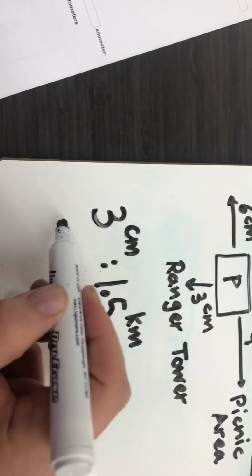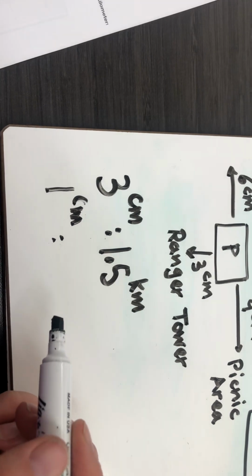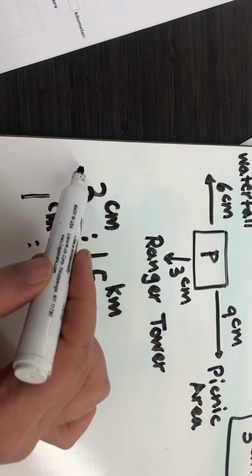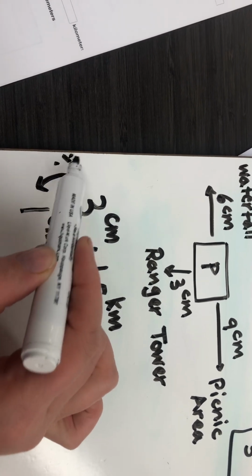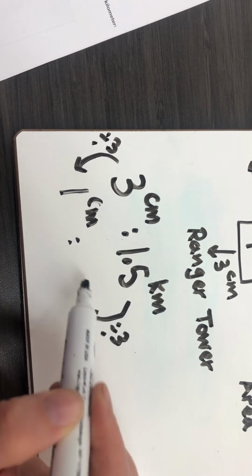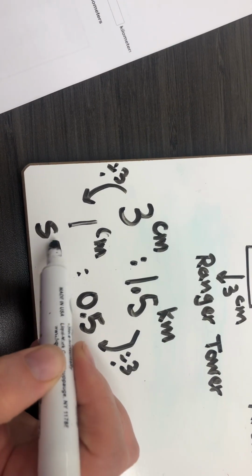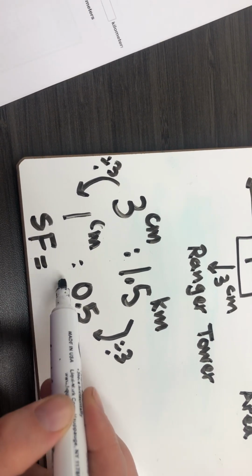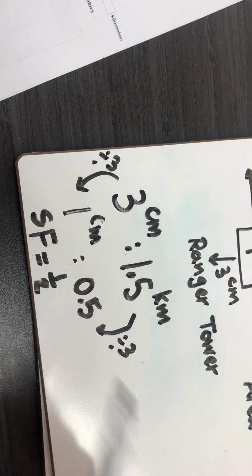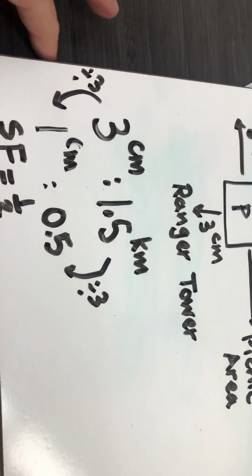So I'm going to go ahead and find 1 centimeter representing how much, so that will give me the scale factor. So I know that 3 divided by 3 is 1. So I'm going to do 1.5 divided by 3, which is going to give me 0.5. So my scale factor is 0.5 or 1/2. You can put either one of these numbers since they are the same thing.